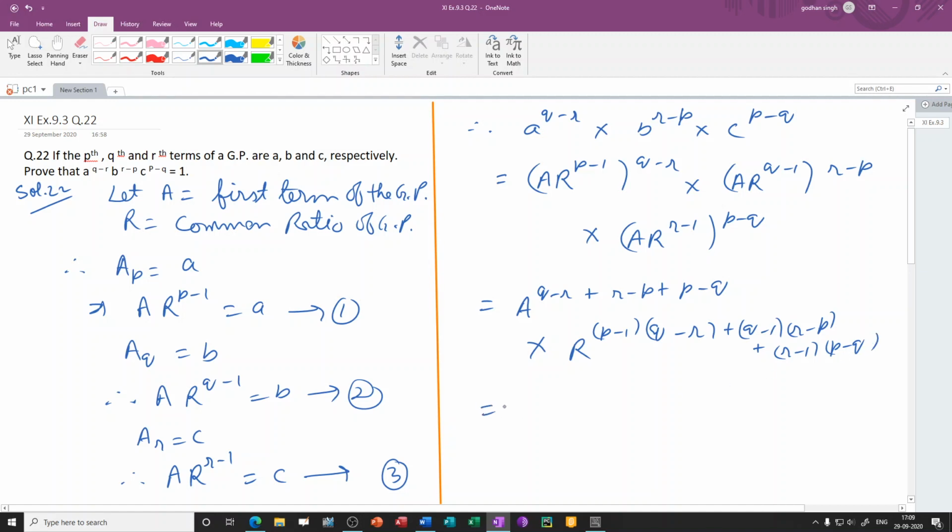So equal to, if you see here, minus r plus r cancel out, minus p plus p also cancel out, and q and minus q cancel out. So we are getting A raised to 0 into, same way here, into R now.